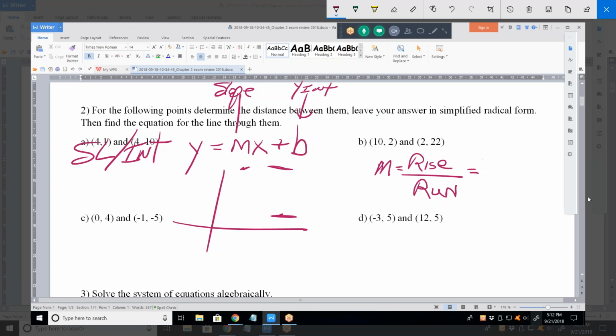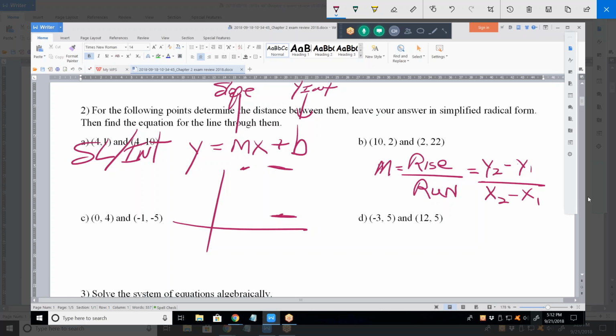So that becomes y2 minus y1. That's that distance. And the run is x2 minus x1. Now, it does matter that you keep the order of these the same. You can actually do y1 minus y2 as long as you do x1 minus x2. You can reverse them, but you've got to do both of them if you're going to reverse them.